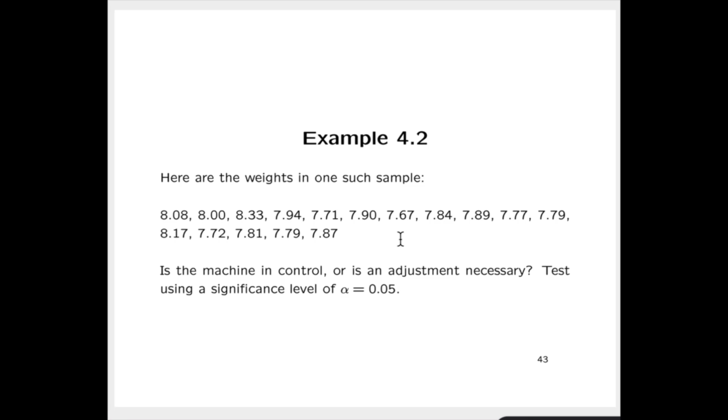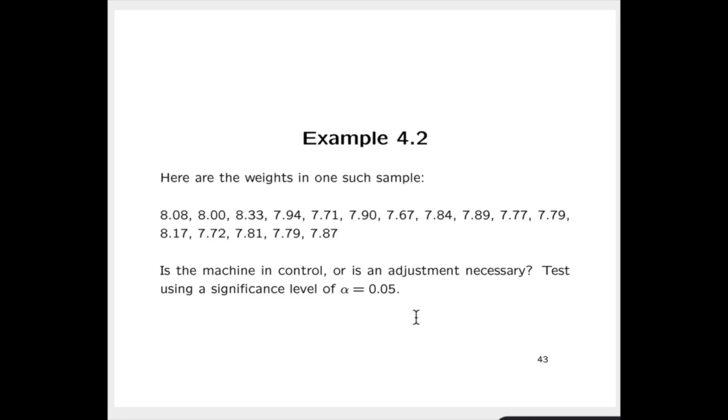And we're told to perform this test using a significance level of alpha equal to 0.05, or 5%. And remember, just to help refresh our memories, the alpha level, the 0.05, is the probability of a type 1 error. A type 1 error is rejecting the null hypothesis when the null hypothesis is true and should not be rejected.